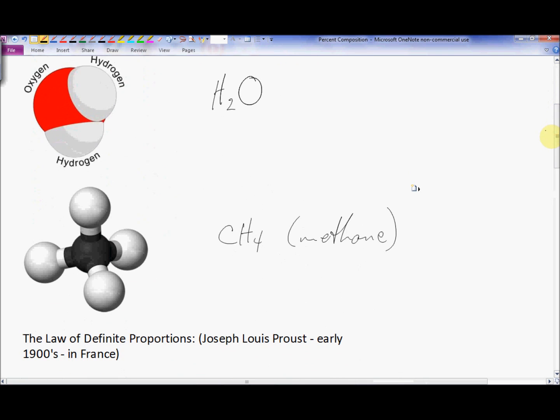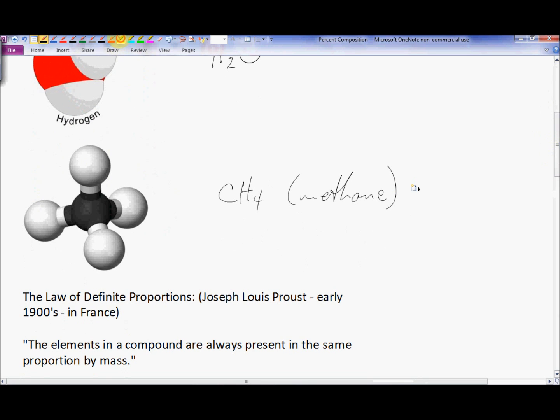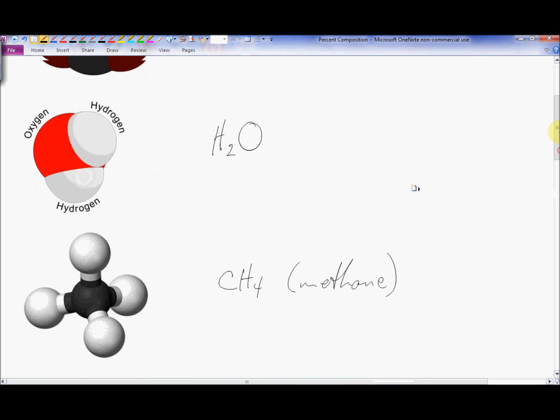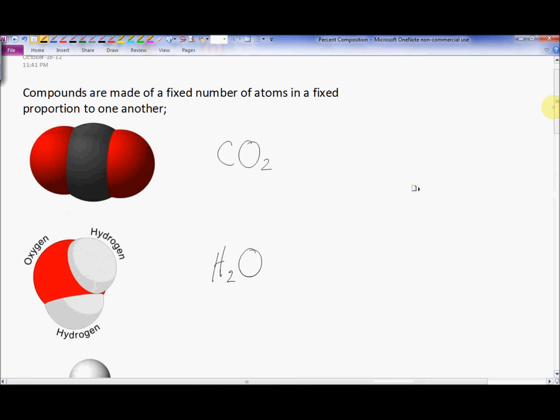Back in France in the early 1900s, there was a man named Joseph Louis Proust, and he came up with the law of definite proportions, and it stated that elements in a compound are always present in the same proportion by mass. That stands to reason if you think about it, because every compound always has these elements in the same proportion every time, and the elements themselves always have the same mass.